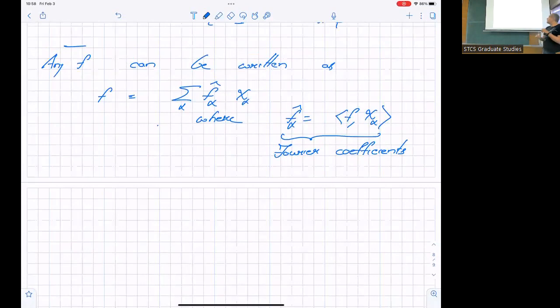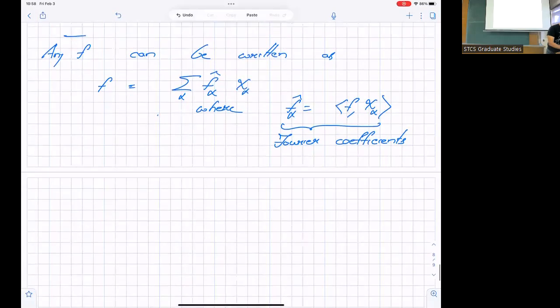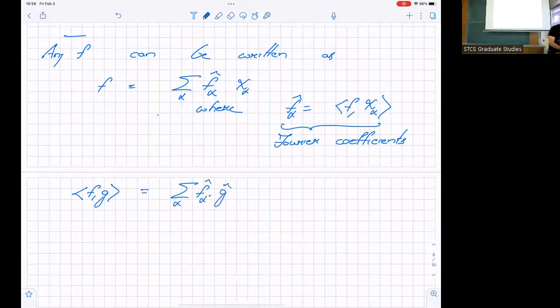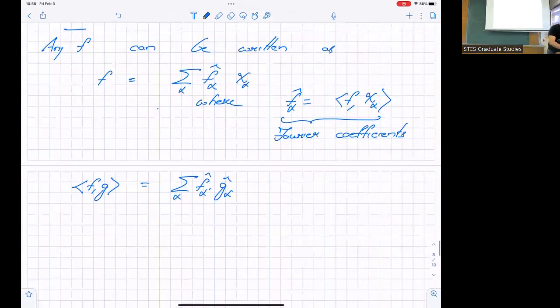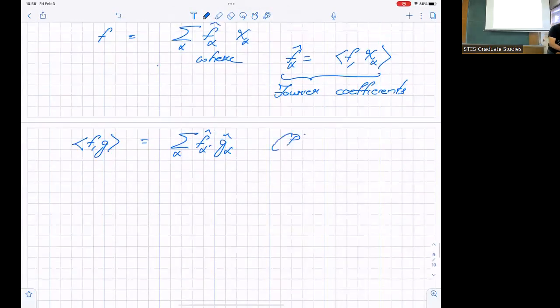What you have is that the inner product of f and g is the summation of f hat alpha g hat alpha. Just take the inner product, open it out, and this will turn out to be this. This is what's called Plancherel's identity.